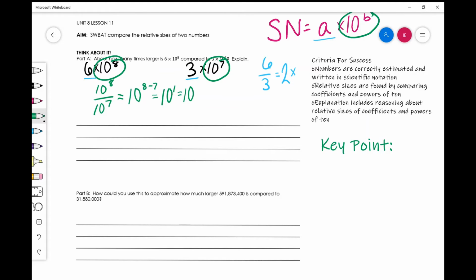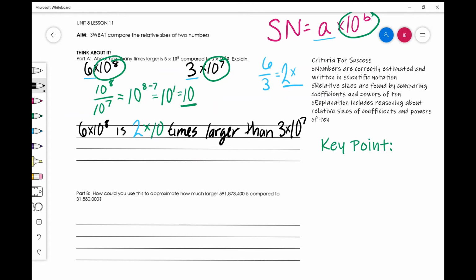If I were to put all of that together, I would know that 6 times 10 to the 8th is, as I can see, 2 times 10 times larger than 3 times 10 to the 7th.